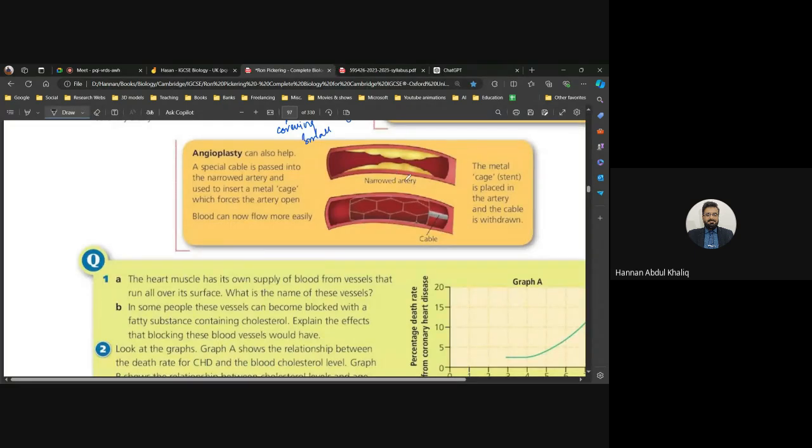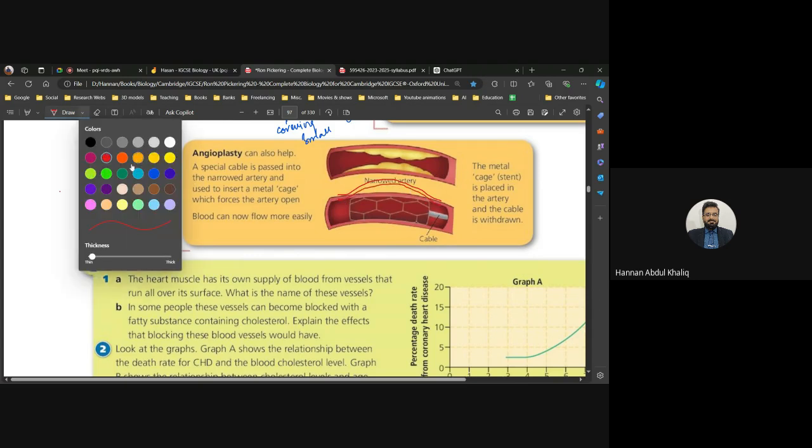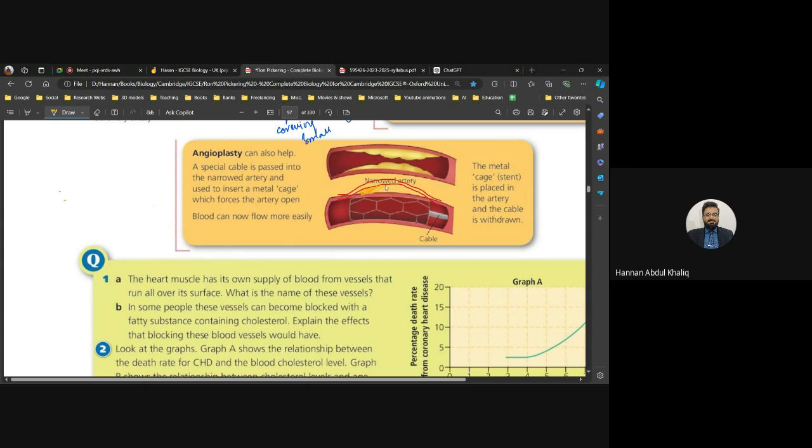So basically, when the stent is placed, the artery would appear like a balloon. Why is that? Because the stent has covered the clot. This is the position of the previous clot.